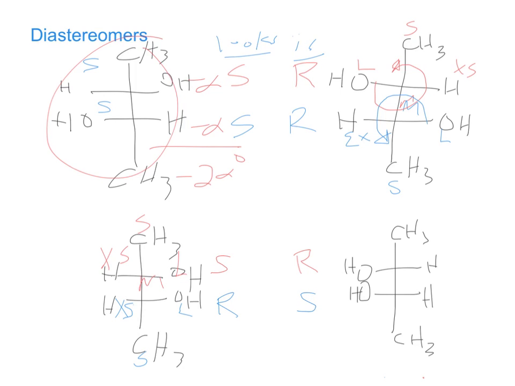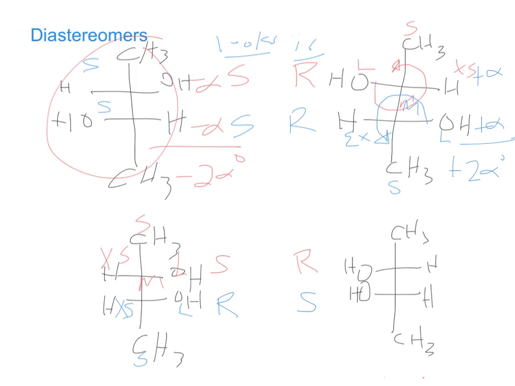So it's going to rotate light positive alpha degrees and positive alpha degrees. So when we add plus alpha and plus alpha, what's the total going to be? Plus 2 alpha degrees. So if alpha was 15, then it'd be positive 30 degrees. The other one was negative 30 degrees. So that's why they truly are enantiomers.